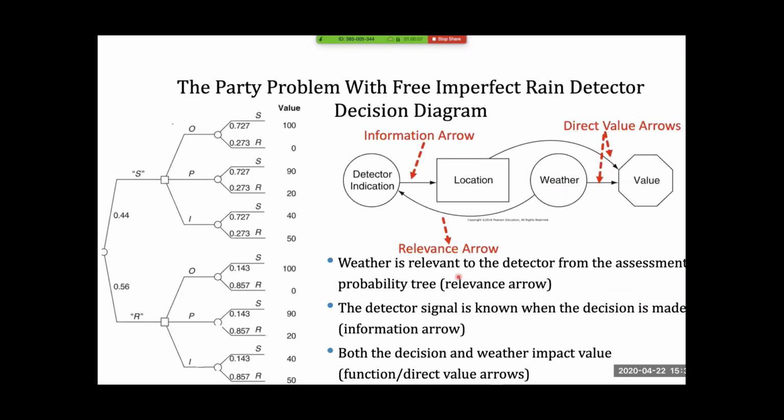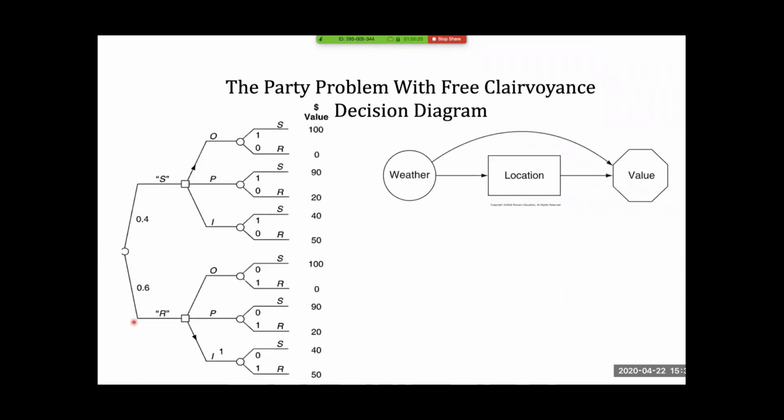And the next decision diagram is the same as this one, except that we're not looking at a rain detector anymore. We're looking at a clairvoyant, okay? So over here, the message is the clairvoyant's, and the weather comes after the clairvoyant's message.